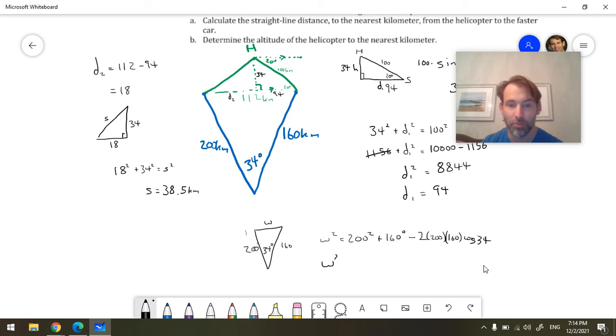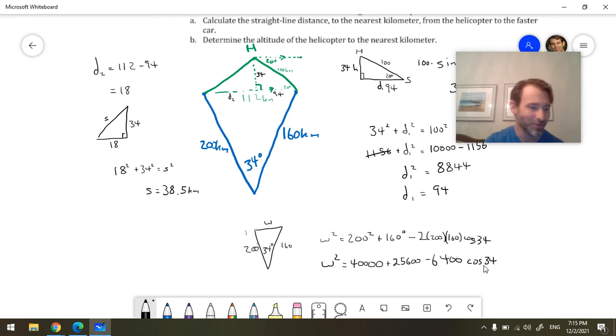So it looks like this. If you're still with me here, wow, my goodness, I need to give you another secret code word. 40,000 plus 160 squared, that's 25,600, minus 2 times 200 times 160. I miss the calculator I use at school.